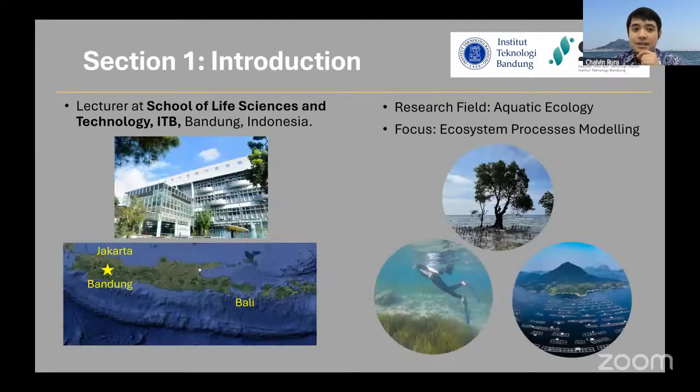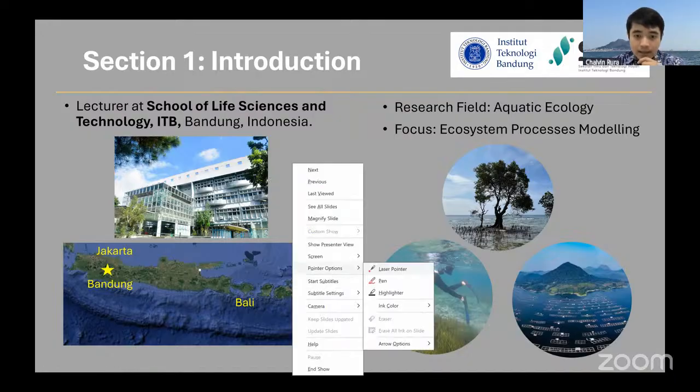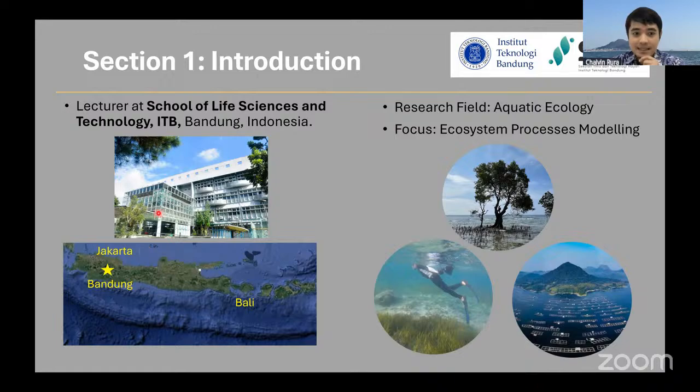So I'm a lecturer from the School of Life Science and Technology in Bandung. Here is a map. Can everyone see the pointer, the red dot? Yes. Okay. So I live in Bandung. It's a city, but it's actually far away from the ocean, so it's pretty hard for me to do my ecosystem research.